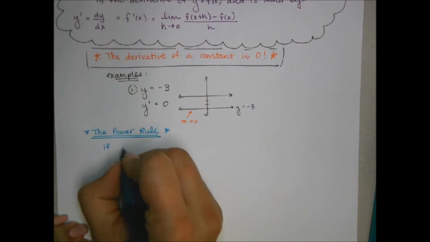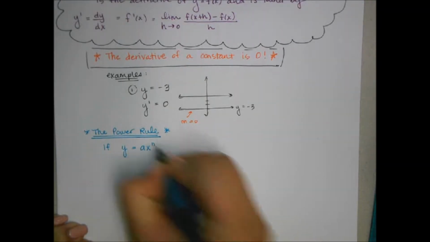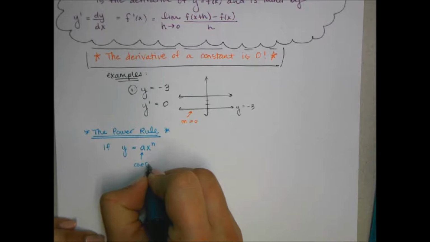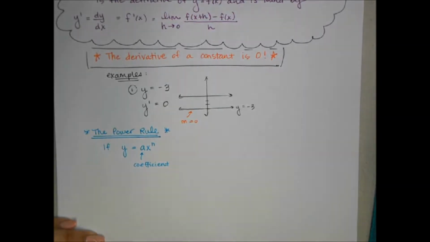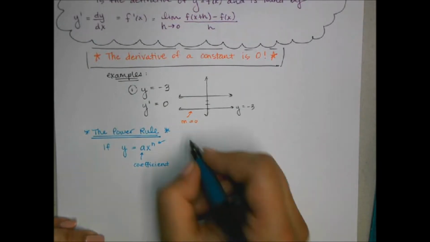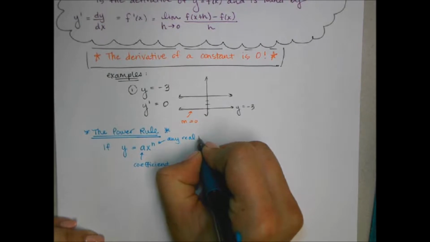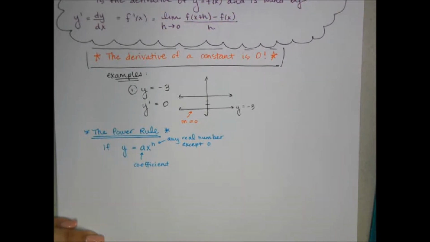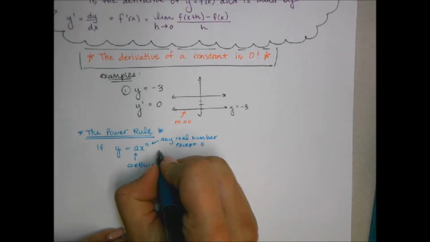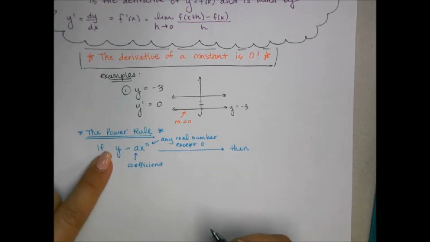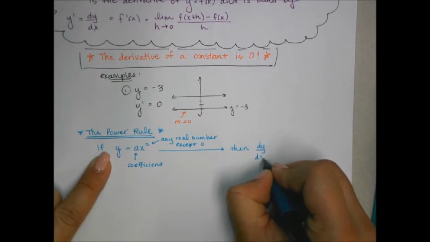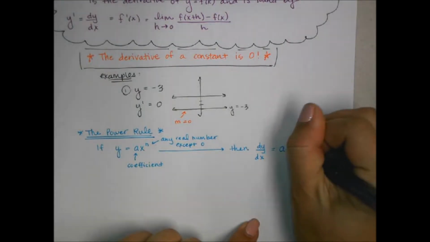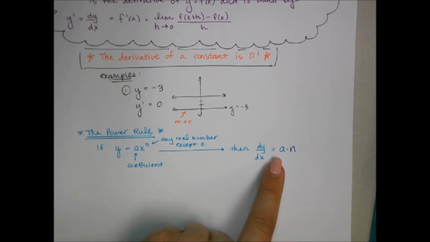It says if y equals a times x to the power n, where a is a coefficient and n, our exponent, is any real number except 0, then the derivative of y, dy dx, or y prime, will become a times n, so that exponent comes down and multiplies with our constant.